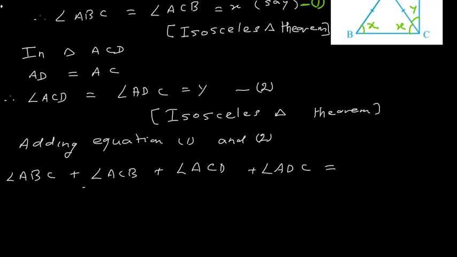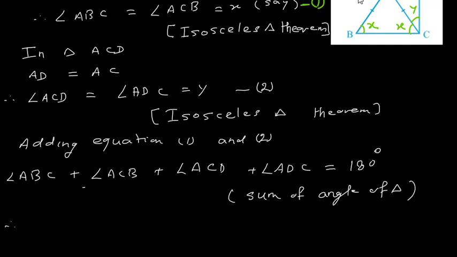Now these four angles, when we add, they are three angles of triangle. So sum of all these angles is 180 degree. We can say reason as sum of angles of triangle. So this is 180 degree.